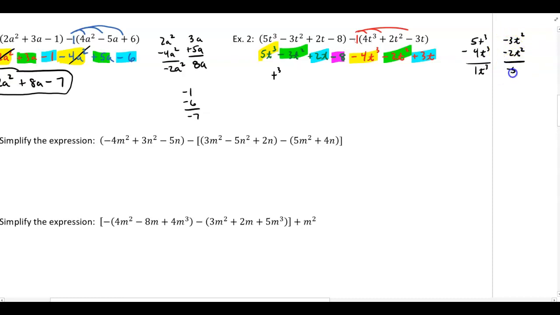Negative 3 minus 2 is negative 5t to the second. Since it's negative, I'm going to subtract it. Then 2t plus 3t would give me 5t. So plus 5t. Then I have nothing to combine the minus 8 with, so I bring it down. And I am done.